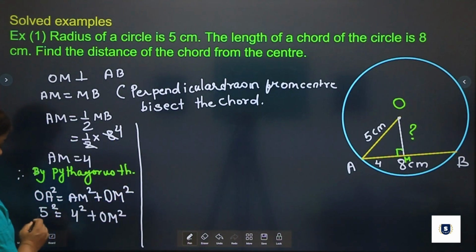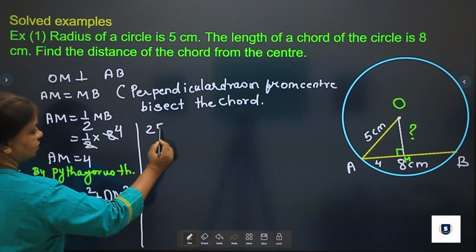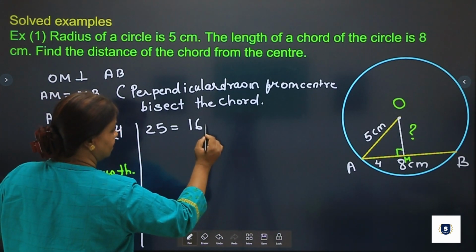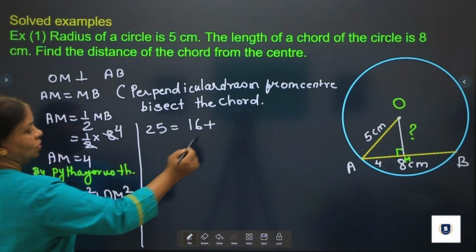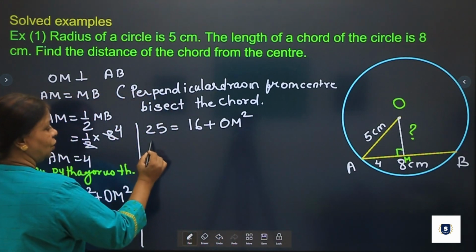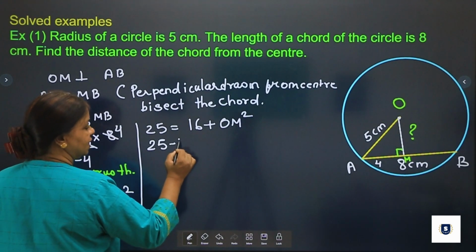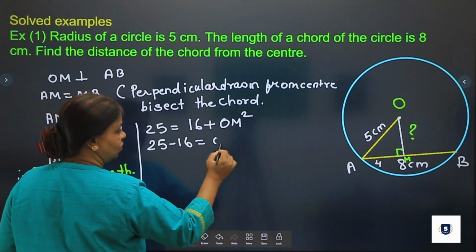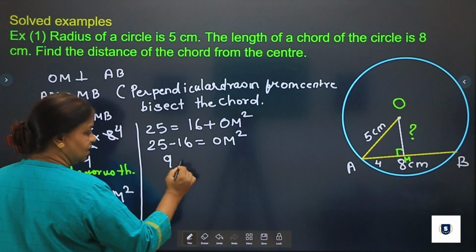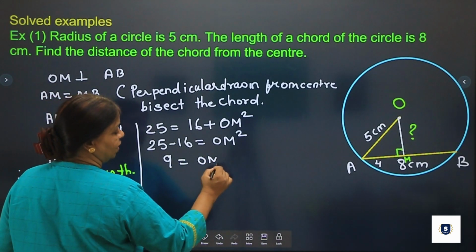Now we know 25 is equal to 16 plus OM square. 25 minus 16 is equal to OM square, and 25 minus 16 is 9, OM square.